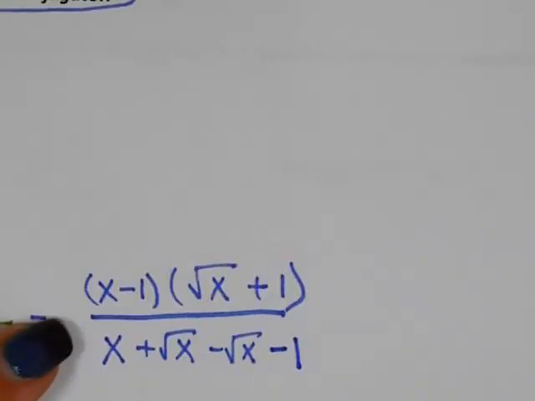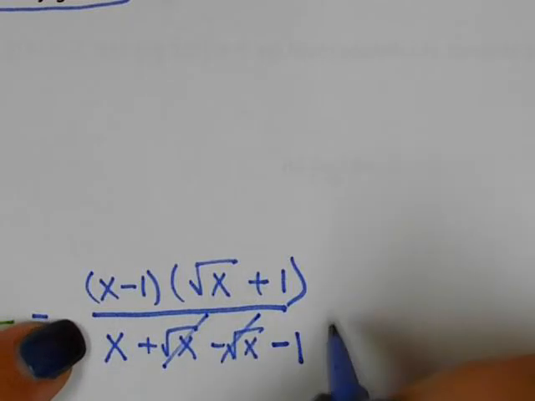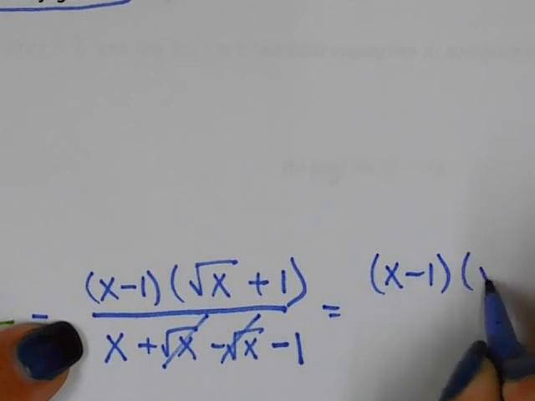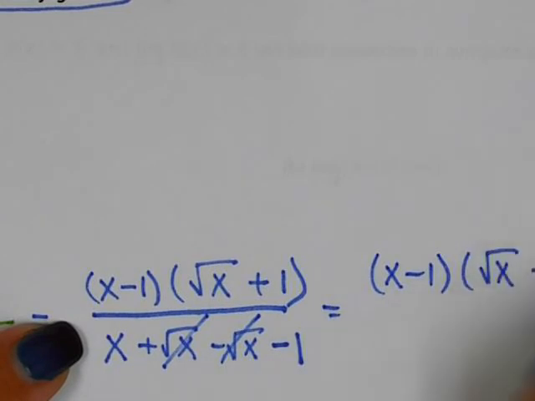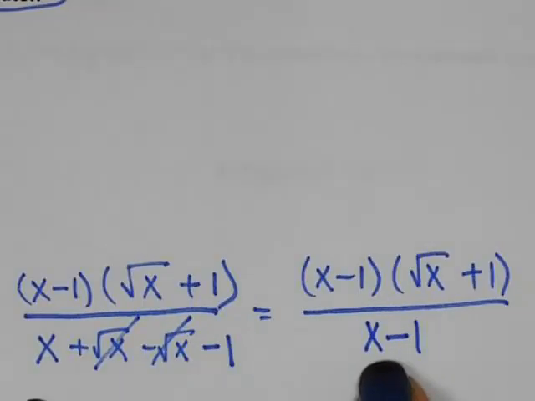So now I'm going to go ahead and move over here, and hopefully you guys can see these square roots cancel each other. And so now I'm left with x minus 1 times the square root of x plus 1 over x minus 1. If you could jump straight from the two conjugates to here, I'm totally fine with that. But just in case you needed to see it, I wanted to show you guys that.